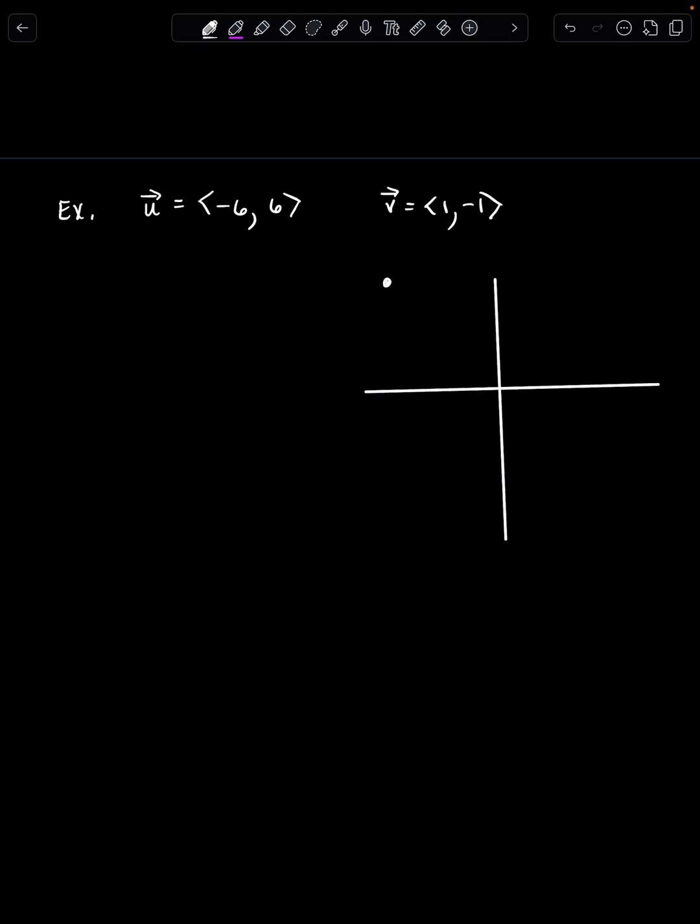So there's u. And I'm just approximating. And then we've got v is over 1, down 1. Well, I'm going to guess here that my theta is going to be 180 degrees.